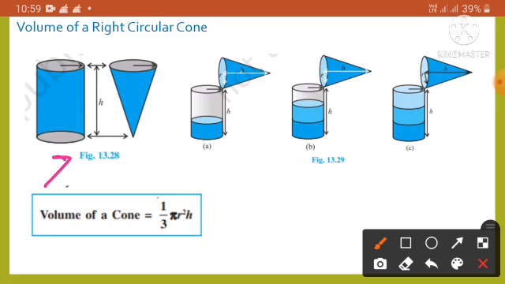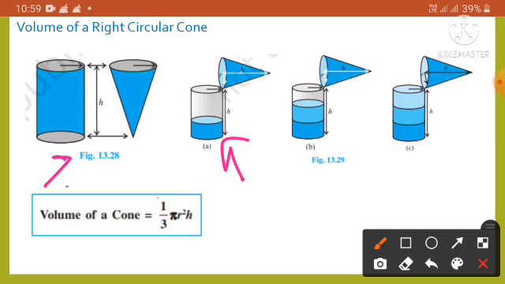At first we fill the cone up to the brim with sand once, and empty it into the cylinder.